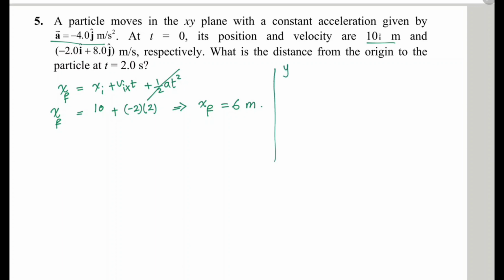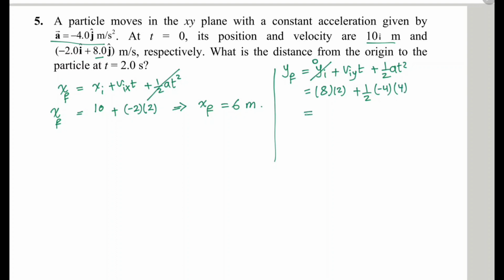Now to find the y final, follow the same rule: y initial plus the initial v_y t plus half a t squared. The initial position y equals 0, as mentioned right here in the question, and 8 is the initial velocity, times the time, which is 2, plus half the acceleration on y, which is minus 4, times t squared, so 2 squared, which is 4.